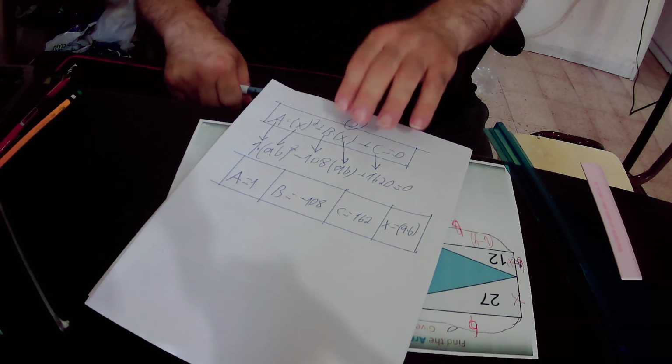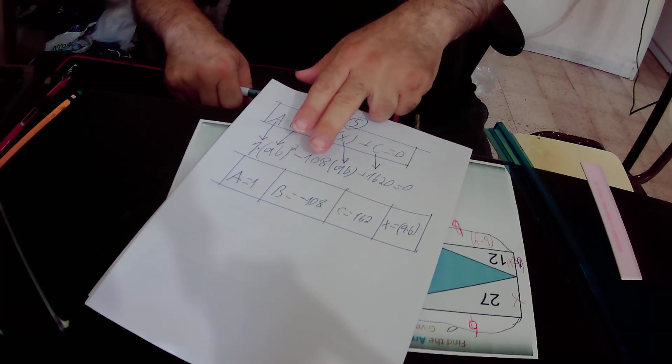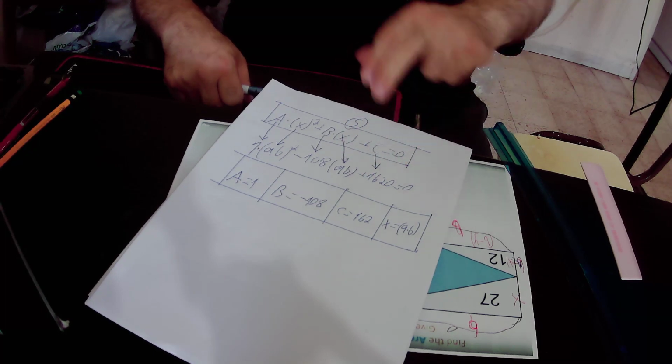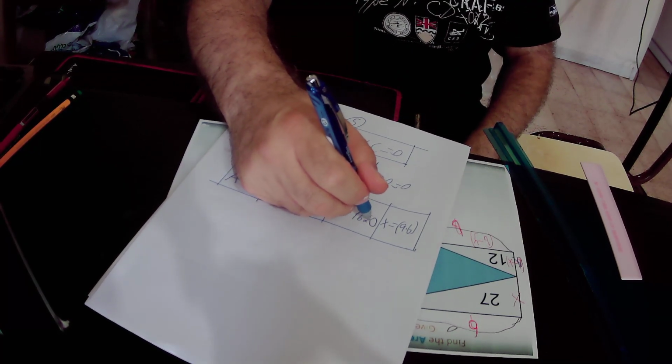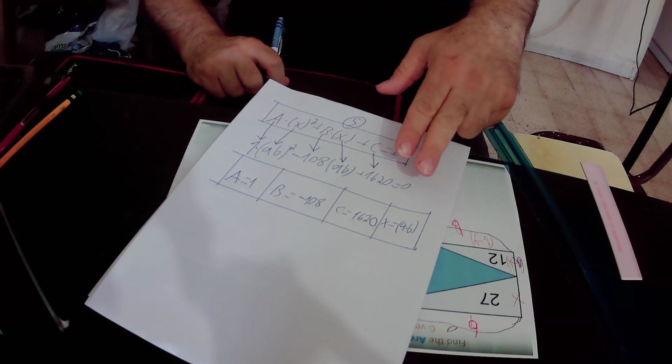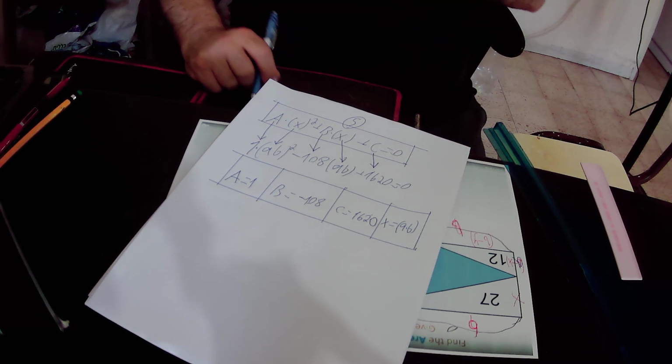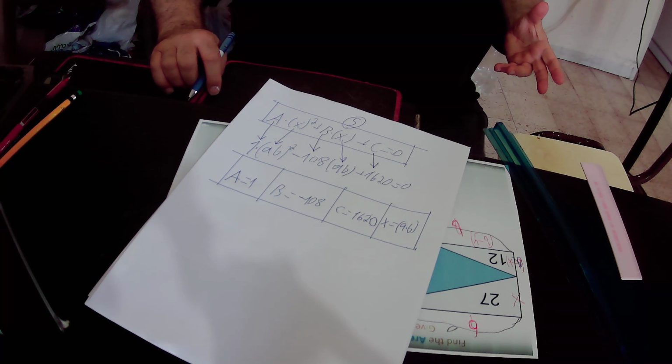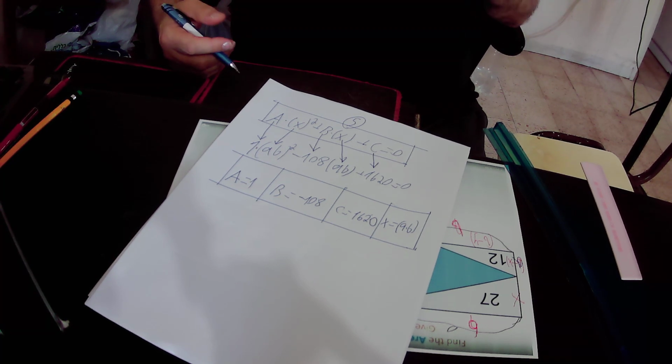Okay, again, a equals 1, b equals negative 108, c equals 1620, and x equals A times B. After we got the values of the coefficients in our specific quadratic equation, we know that the variable we are looking for has the value A times B, that is to say the area of our rectangle.